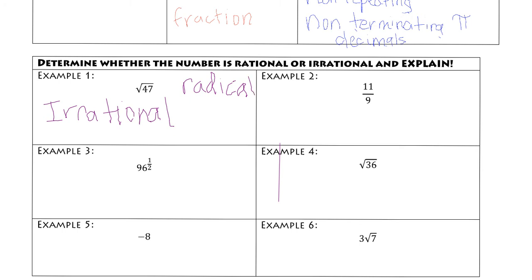Okay, like the square root sign, the cube root sign, stuff like that, that is a radical and cannot be simplified to anything less than that. Example 2, 11 over 9. Well, it's a fraction. Okay, anything you can write as a fraction is rational. And the reason is it is a fraction.